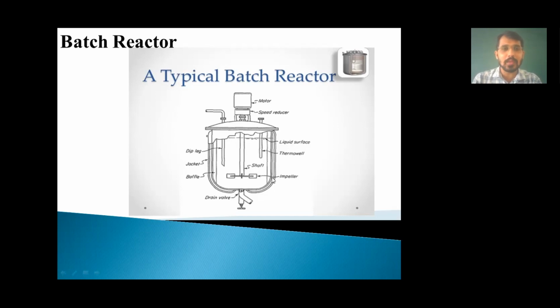Impeller is used to increase the pressure and increase the flow of fluids. And what is the meaning of baffles? Baffles are generally used to increase the turbulence, or I can say to increase the rate of heat transfer. Whenever there is a fluid flow, there will be heat transfer and mass transfer. So to increase the flow rate and the turbulence, there are impeller and baffles.